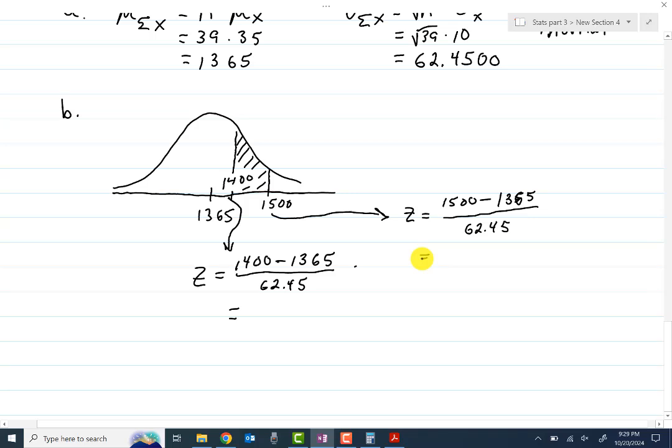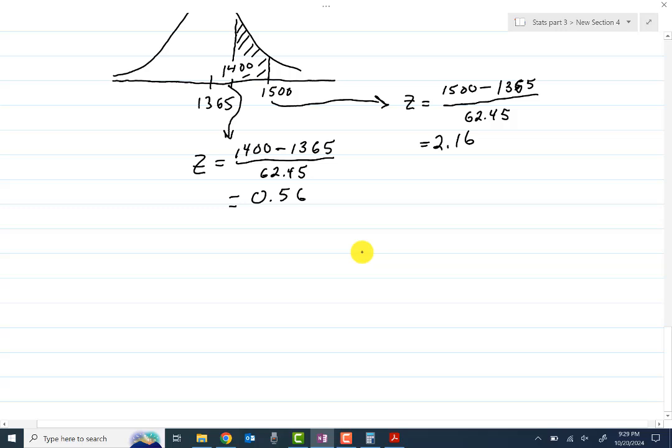Let me get these numbers. Now let me draw the standard normal distribution.